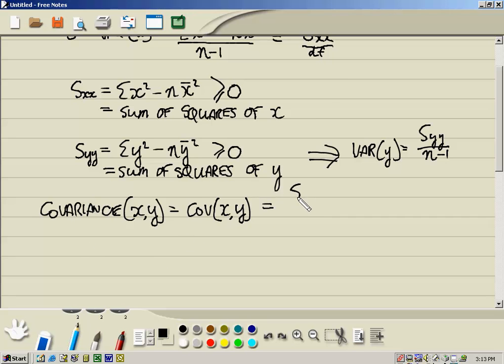Alright, this will also be a sum of squares. Sum of squares divided by the n minus 1 degrees of freedom. So s of xy is the sum of squares of xy.